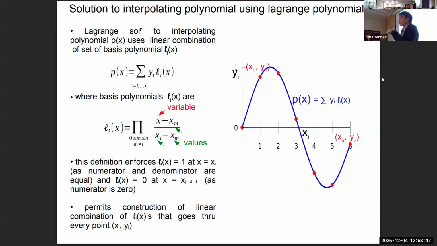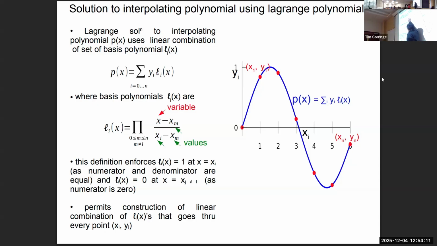So if you weight the value of L0 by y0, multiplied by y0, it will go right through the x0, y0 data point. Do the same thing for all the other terms. It's a way of constructing a polynomial with these basis functions that goes through all the data points.